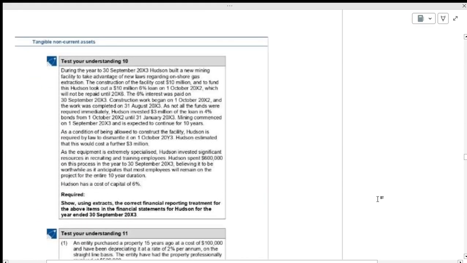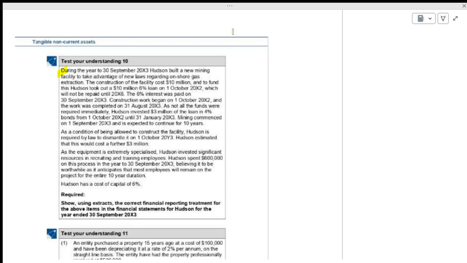During the year 30th September 2003, Hudson built a new mining facility to take advantage of new laws.